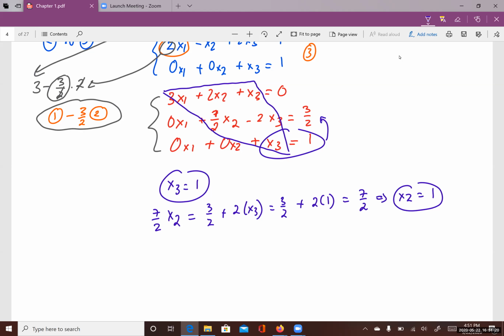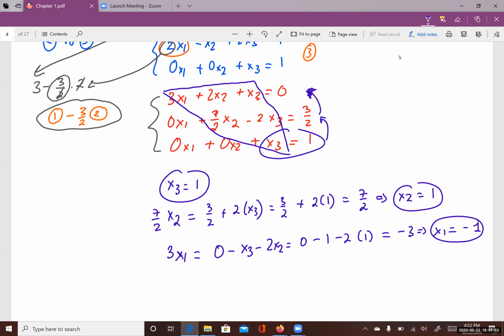How about x1? Now you know x2 and x3, you can use the first equation to solve for x1. So look at the first equation. 3x1 equals 0 minus x3 minus 2x2. So 0 minus x3 is minus 1, minus 2x2 is minus 2, so you will get -3. That means x1 equals -1.